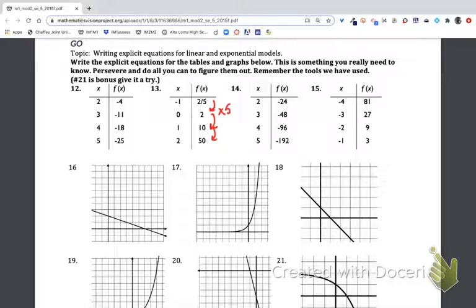So we know that this is an exponential model. So f of x is going to equal our first term times our constant ratio raised to the power of x minus 1. First term, constant ratio to the power of x minus 1.